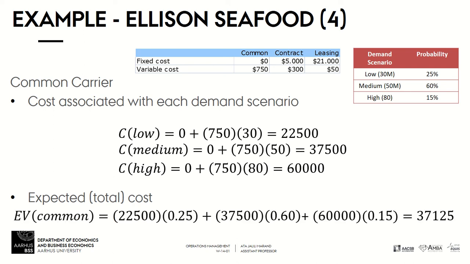So, for the first alternative, the expected cost is equal to the cost for the first demand scenario, which is 22,500, multiplied by the probability of that demand scenario, which is 25%.